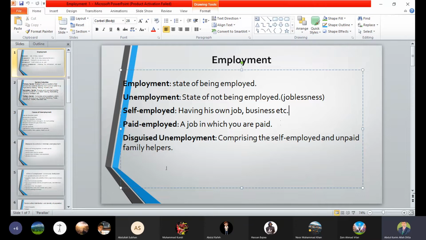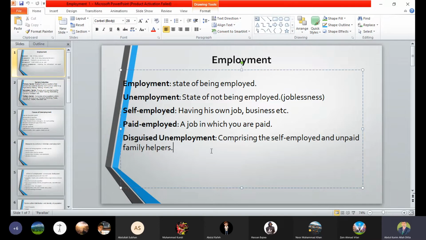Here we have one more term, my dear, disguised unemployment. Disguised unemployment comprises the self-employed and unpaid family helpers. In a family, you know that you have maids and some other people who are not paid; family helpers, we call them.